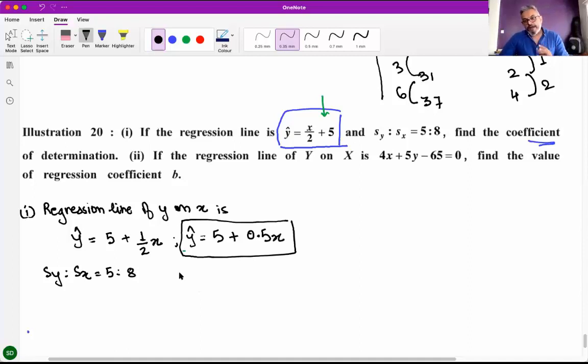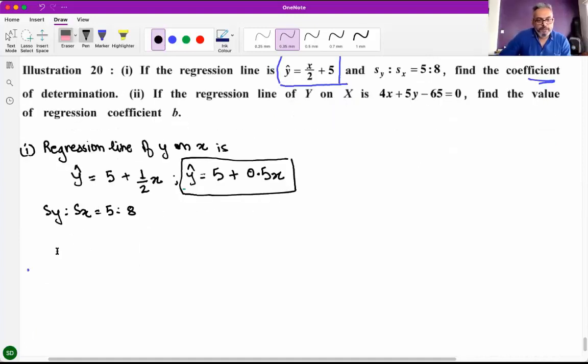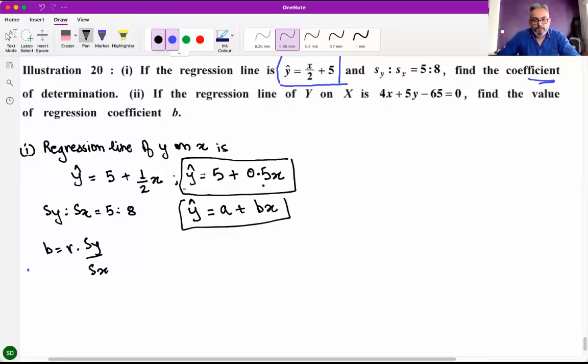Now, I need to find out coefficient b because the formula is b is equal to r into s of y upon s of x. So, now we already have s of y is to s of x, which is 5:8. We have to find r. Now what about b? So I'll write an equation over here. Y cap is equal to a plus b x. Now can you tell me what will be b now? 0.5.